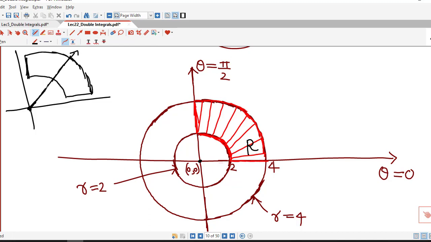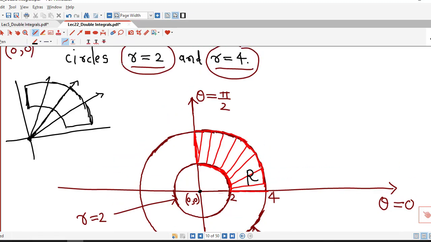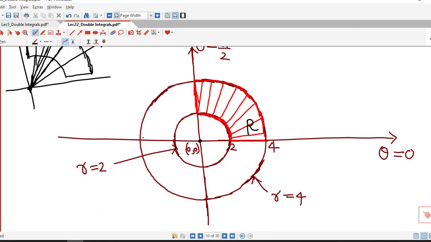We can imagine this ray or this ray. It must be inside the region of integration. It will start from the origin and must pass through the region of integration. So there is no problem. You can consider this ray starting from the origin in any part of the region of integration.